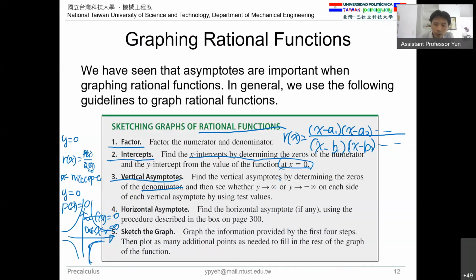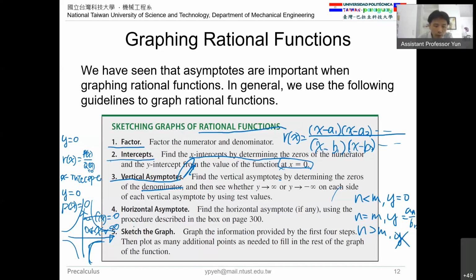So this shows you that when the degree of n is smaller than m, y will equal 0. When n equals m, y will equal a_n divided by b_m. When n is larger than m, there is no horizontal asymptote. So that's the three steps to find the horizontal asymptote.